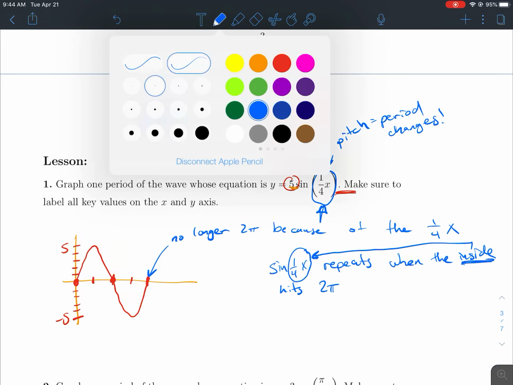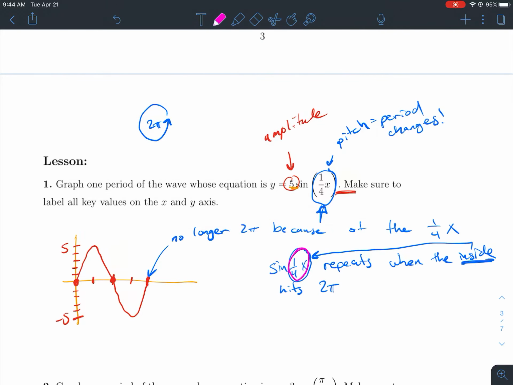So basically the equation that we want to solve is we want to know, when is the inside, this piece right here, when does that inside equal 2 pi? And that's a question mark there, because that's the question we're trying to solve. So the inside is 1/4 x, and we want to know for what value of x does that hit 2 pi?